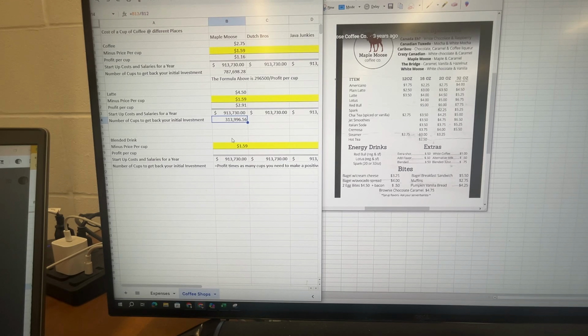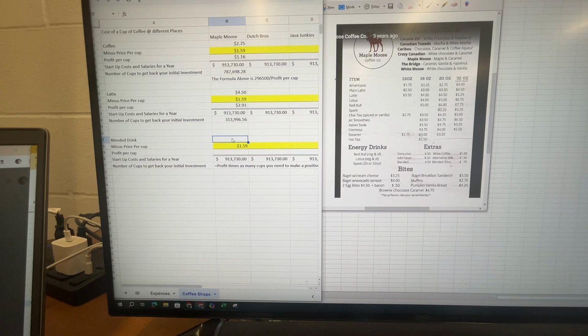Finally, the blended drinks. And so we look down there and we see Jet Smoothies, we see Sparks, we see Cremosa Steamers and all of that. We'll just go ahead down to, we'll use their Jet Smoothie as one. And so we'll go $4.75.